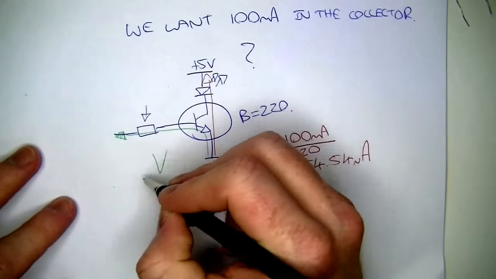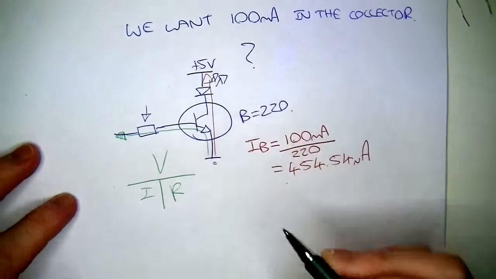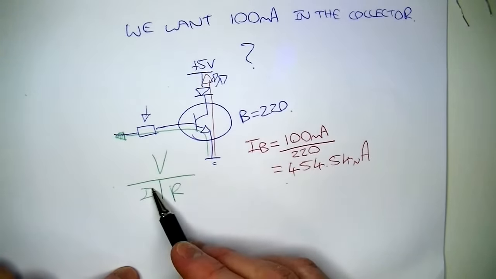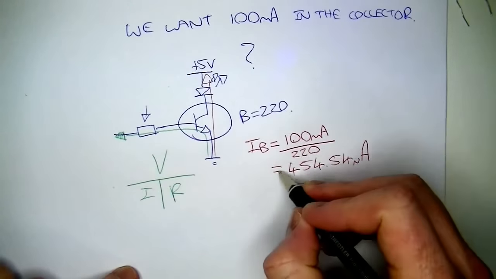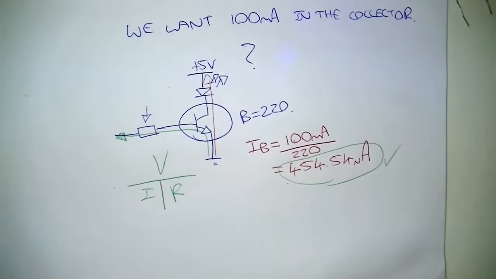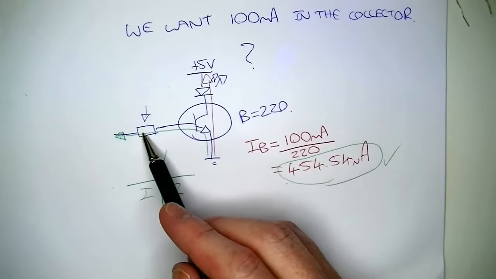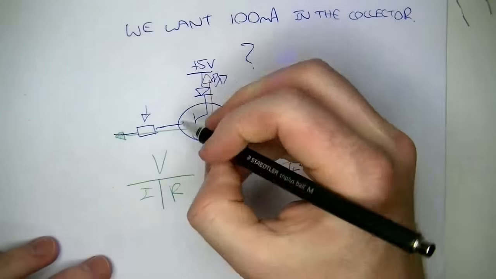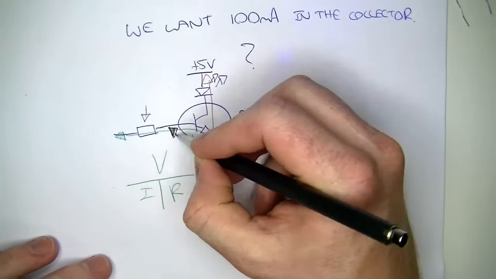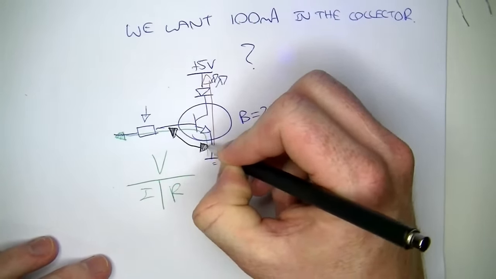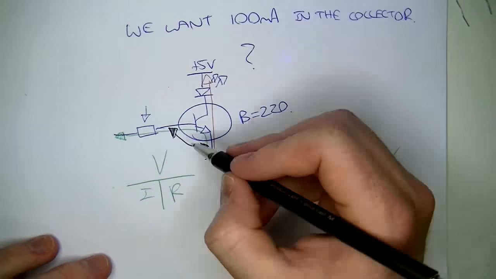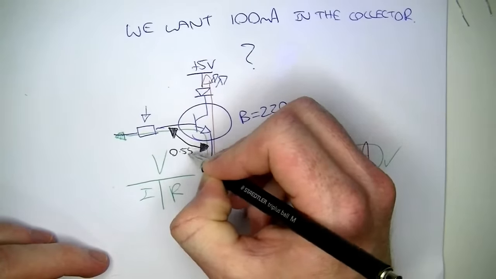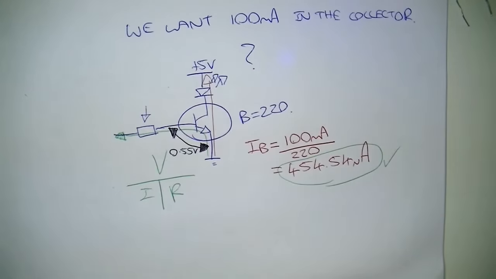Well, if we go back to Ohm's law, in order to get resistance, we need two things. We need the voltage and we need current. We've just found the current, so that's all good. What's the voltage across here? Well, if you recall, I said that we're going to lose around about, and again, you'd look this up in your data sheet for your transistor, but for most common transistors, you're going to lose around about 0.55 volts across the base emitter.